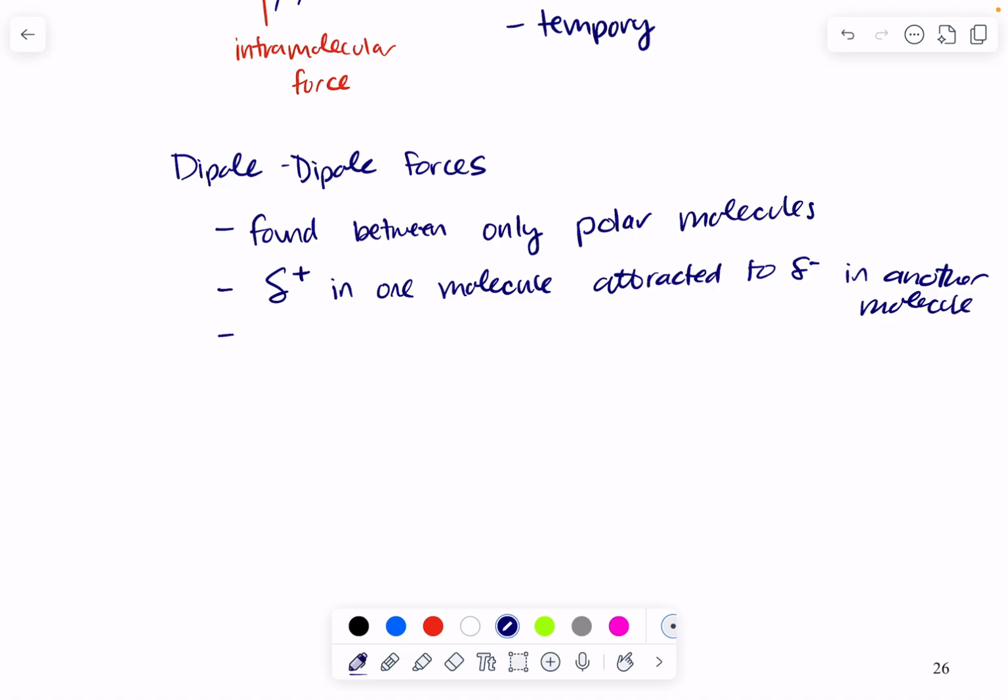So this is generally pretty strong. And this might even be called a permanent dipole.